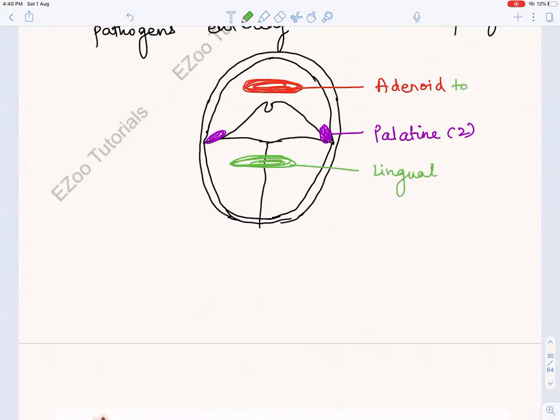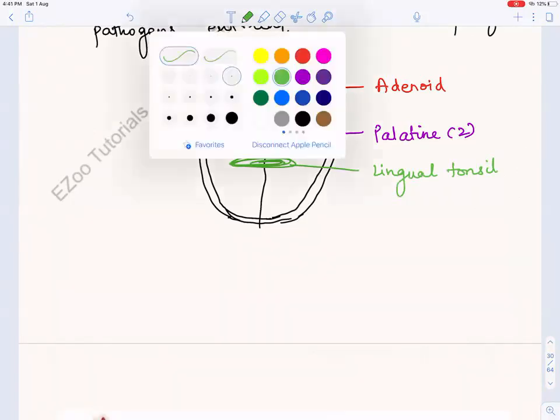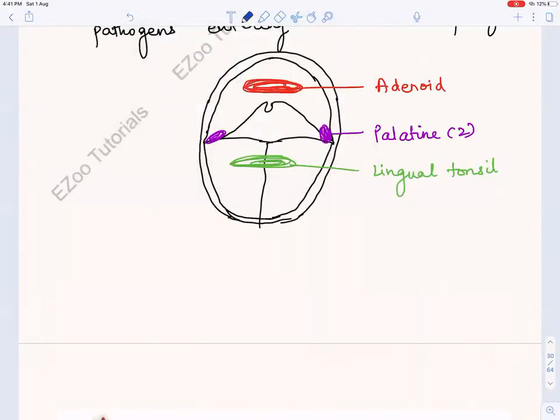You can write tonsil, but don't write with the green, you'll get confused. And what else? There was one more I forgot. Adenoid, yeah, tubal. So there is this tubal tonsil, which is also 2 in number.